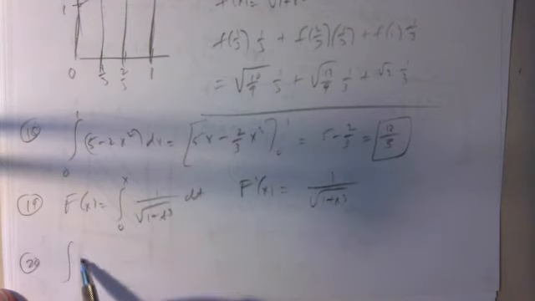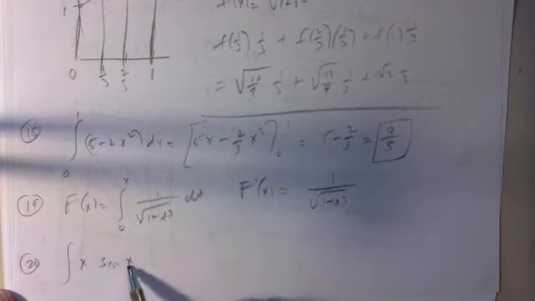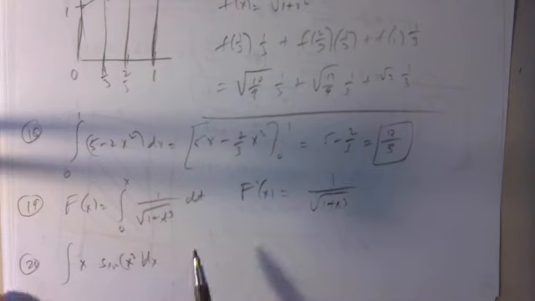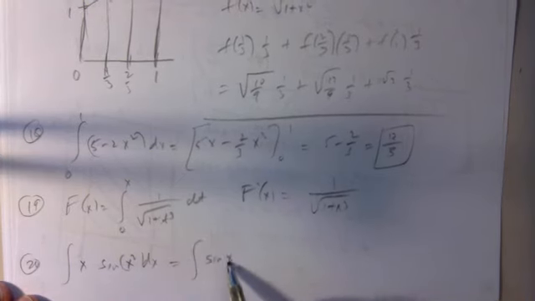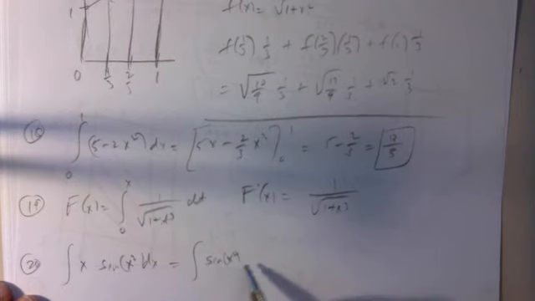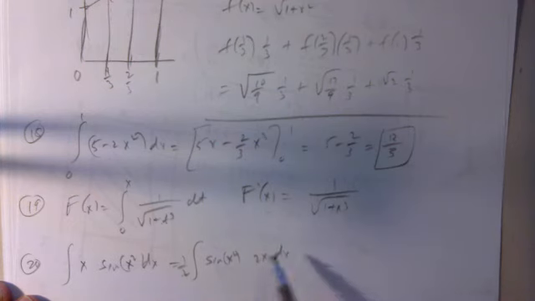And if you want to integrate x sine of x squared dx, this is a substitution. Let's say this is sine of x squared. I'll write 2x times a half, because a half times 2 is 1, dx.